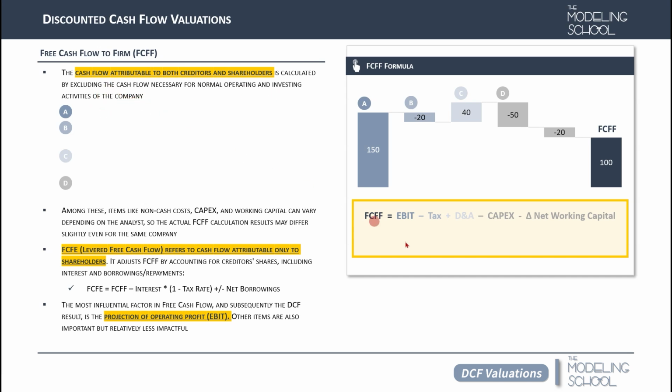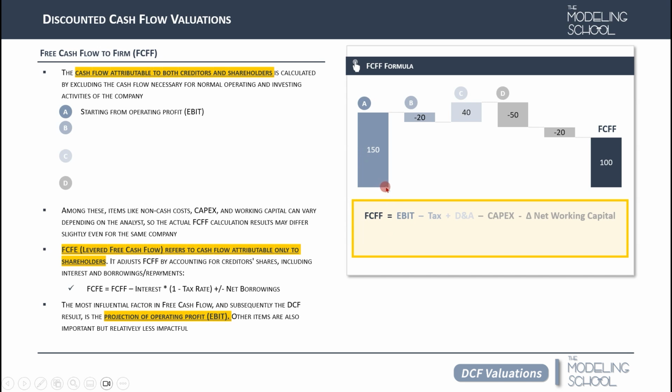If you see the formula, we start from operating profit. So you can see that we have already excluded costs like labor cost, cost of goods sold, marketing, R&D. We've excluded everything that's related to operations.